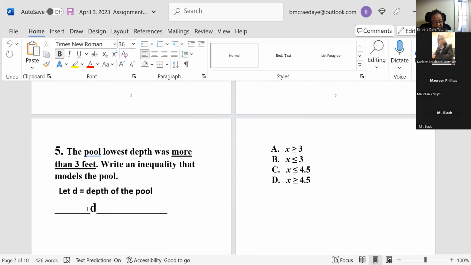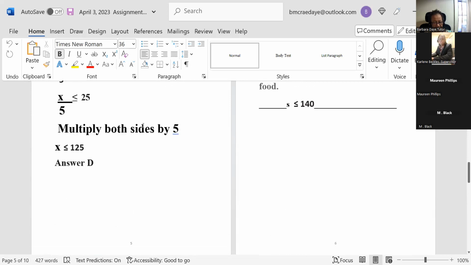Now you tell me what to write. The depth is more than, so what symbol should I write? The V facing the D with the line under it? You make the sign going to the left. You see how you had less than, but you turn it the other way to mark more than.